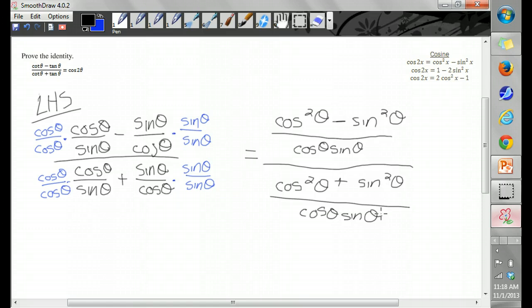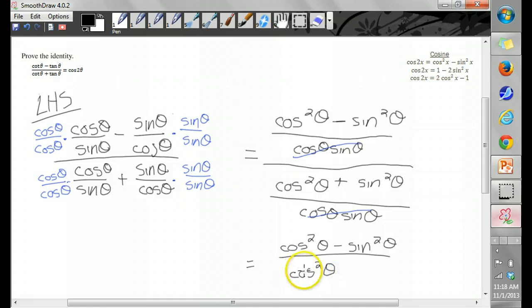And now, since I've got common denominators in the numerator and denominator of my large fraction, I can go ahead and cancel those out completely and just focus on the numerators of both parts. So I'll have cosine squared theta minus sine squared theta over cosine squared theta plus sine squared theta.